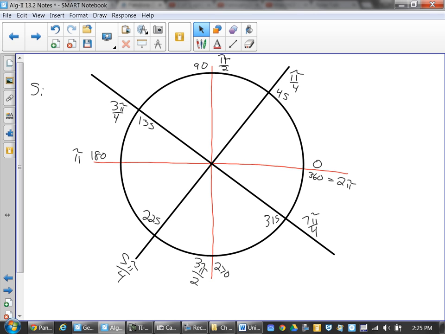What's the sine of 45? Think of your triangle: 1, 1, and root 2. So that would be 1 over root 2, which is root 2 over 2. What's the cosine of 45? Root 2 over 2.